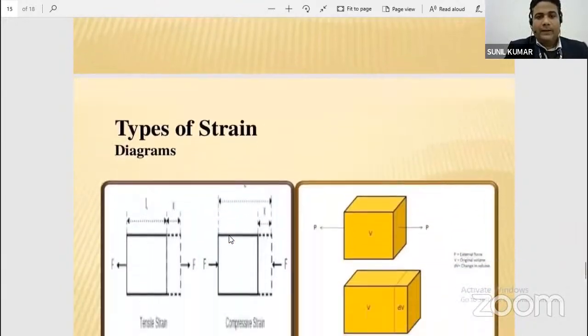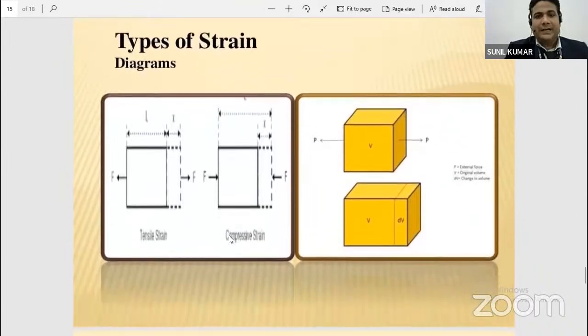So here I am discussing the types of strain. Tensile strain, this is a rectangle.